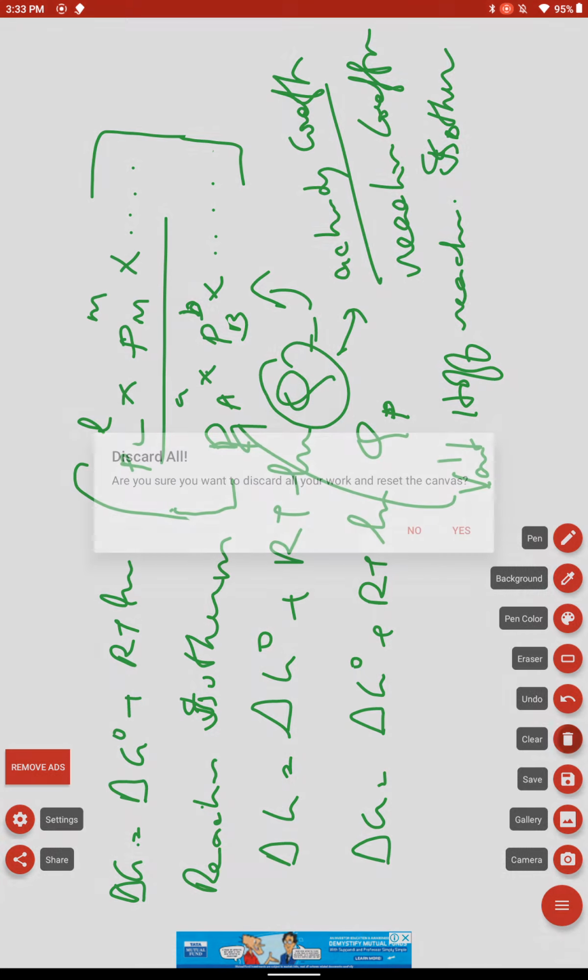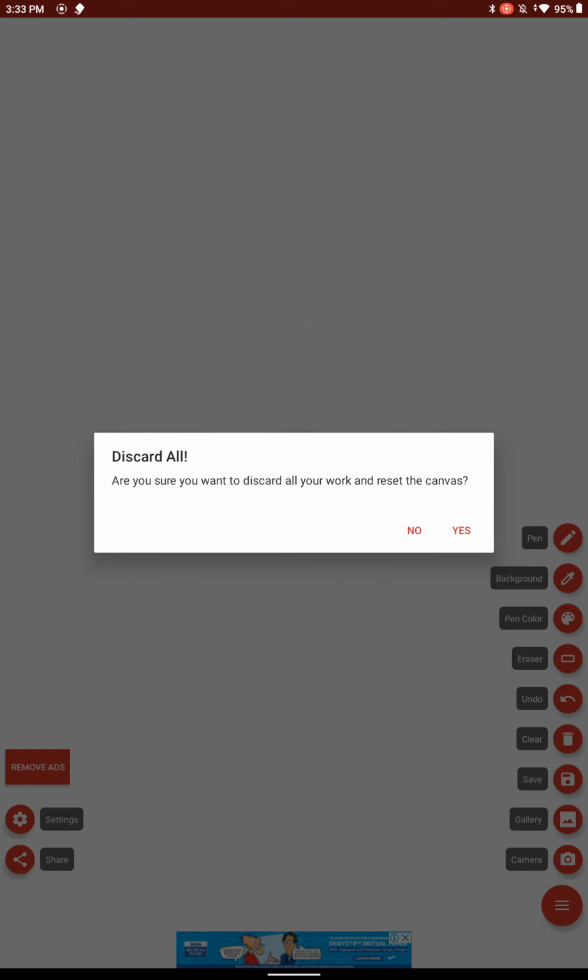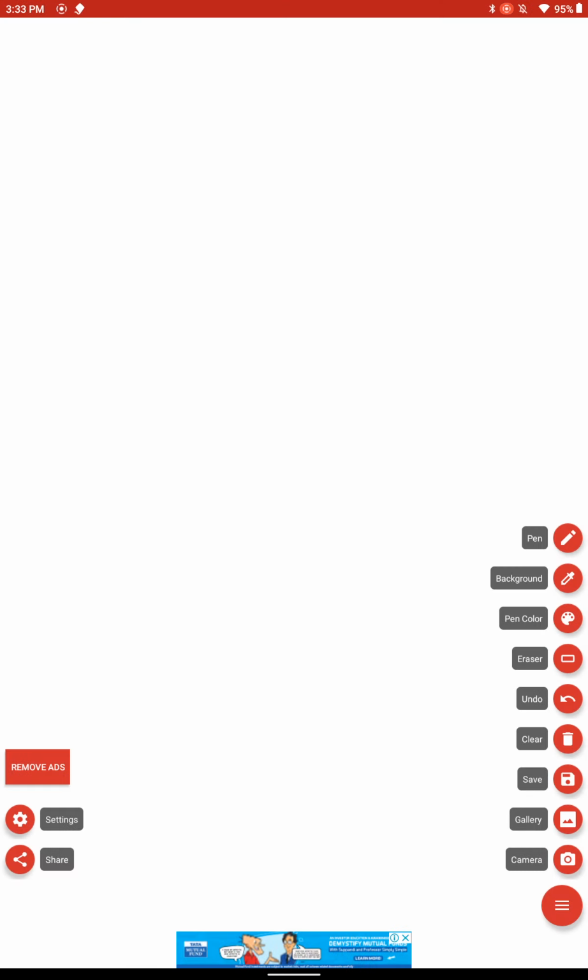Suppose delta G0, we can see, is the Gibbs energy change. If delta G0 is 0, that is for an equilibrium reaction, delta G will be 0.